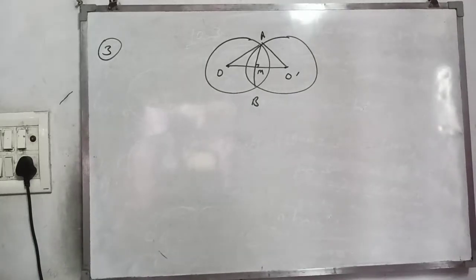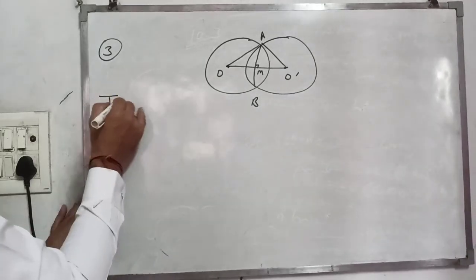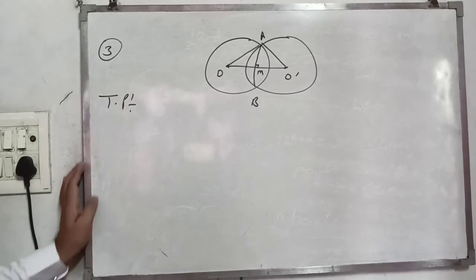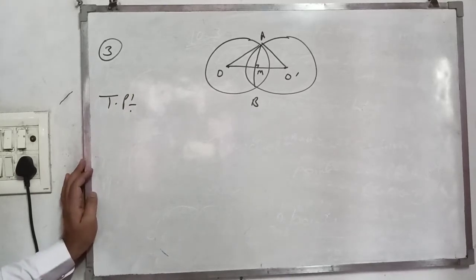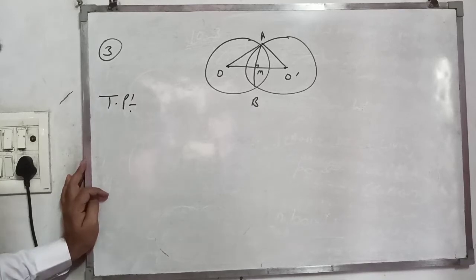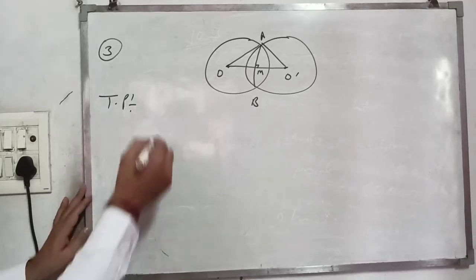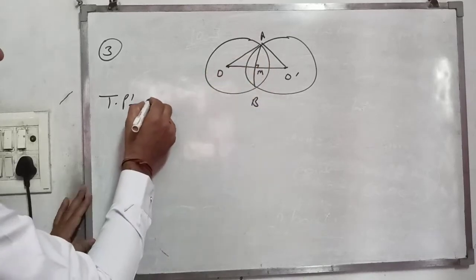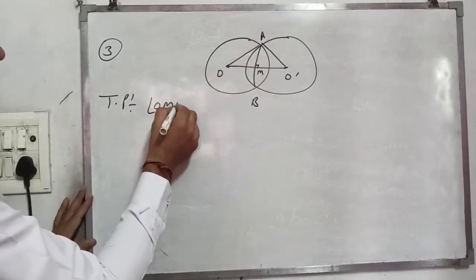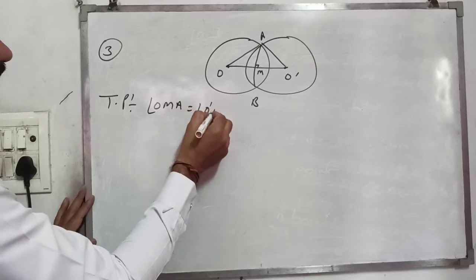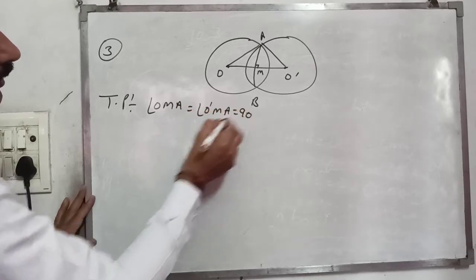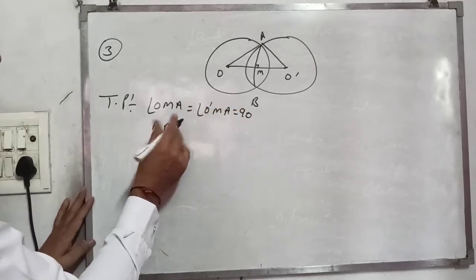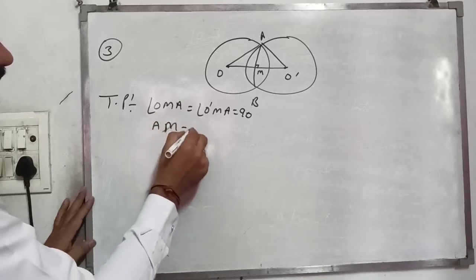We want to prove that O and O', the centres of the two circles, lie on the perpendicular bisector of the common chord AB. Perpendicular bisector means angle OMA equals angle O'MA equals 90 degrees, and AM equal to MB.